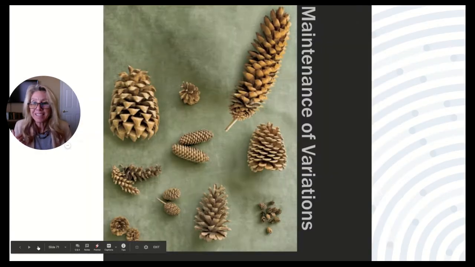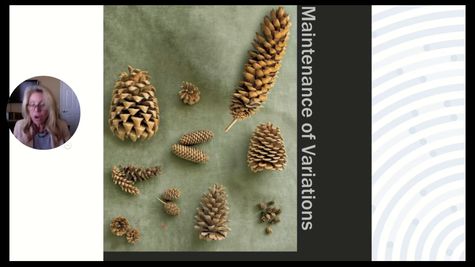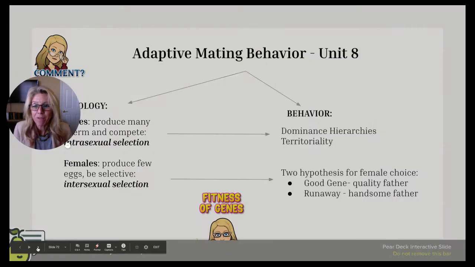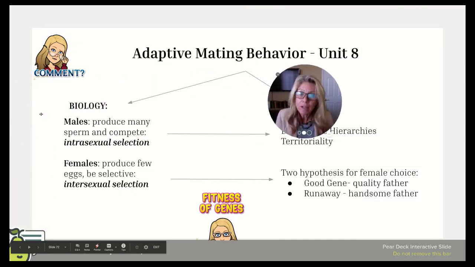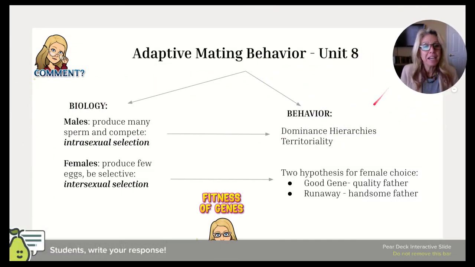All right, next. So maintenance of variations. How is it that we maintain all of this variety? Well, there's a couple things we want to talk about for that, all right? But first, let me address this. I think I have it a little bit out of order here. So this is just a summary slide I popped in here. This is kind of foreshadowing to Unit 8. I wanted to say the biology, males produce many sperm and they compete.